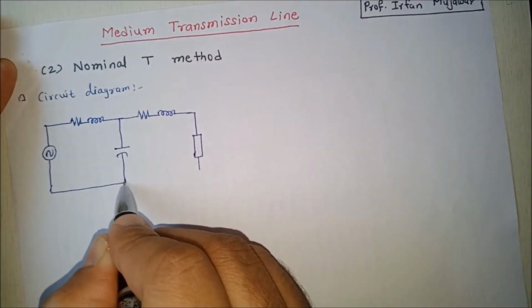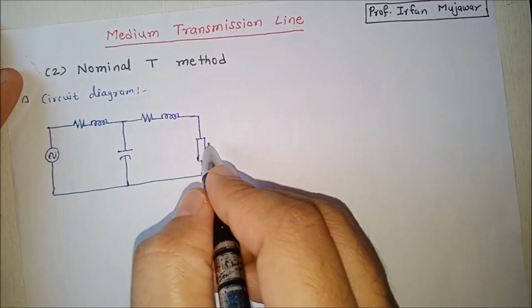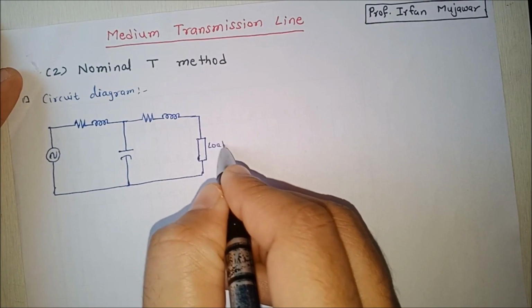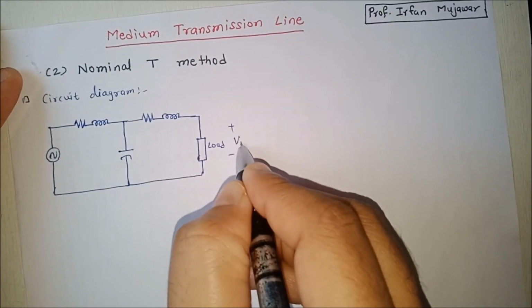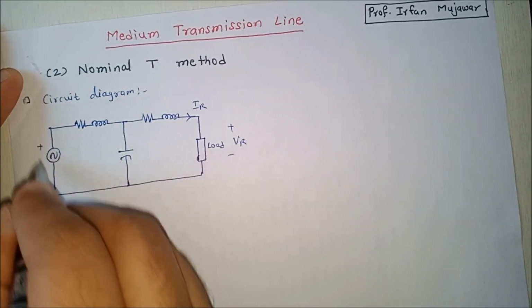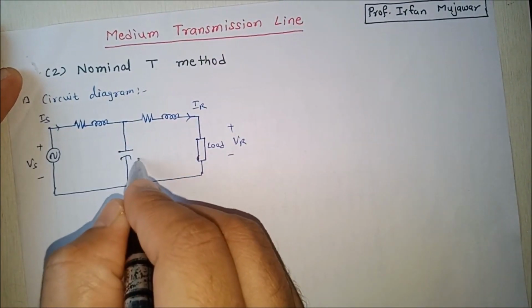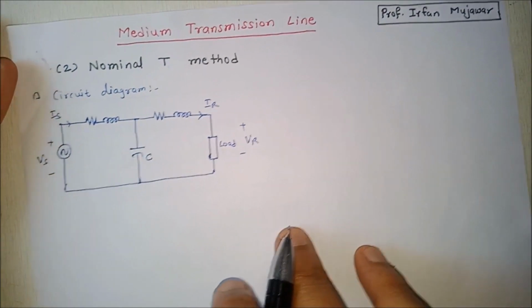So this is the diagram of the nominal T method. This is your load, receiving end voltage VR, receiving end current IR, sending end voltage Vs, sending end current Is. The capacitor is assumed to be present at the middle.